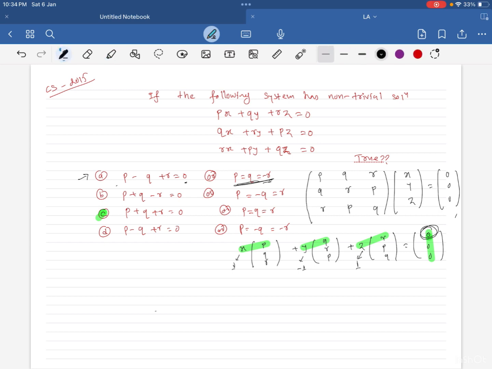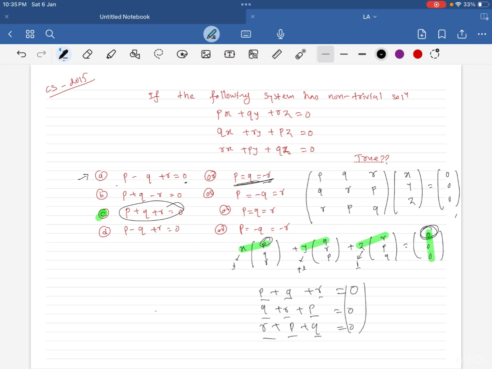Because you take x as 1, y as 1 and z as 1, and if you take the linear combination, that would be 1 times p plus q plus r, the second would be again q plus r plus p, and the third would be r plus p plus q, right? And given the condition that p plus q plus r is equal to 0, each of these is equal to 0.